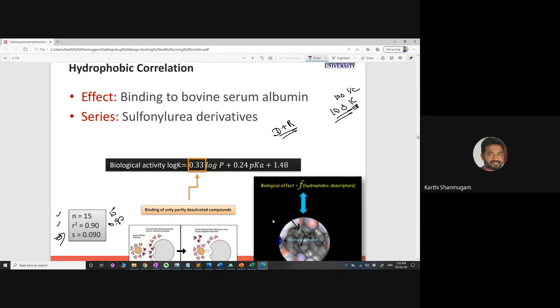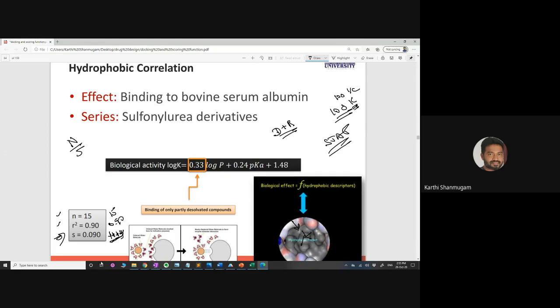Yes, here it is the standard deviation, whose value is 0.090. This value should be as low as possible for a good model, right? We discussed the n by 5 rule, if you remember.